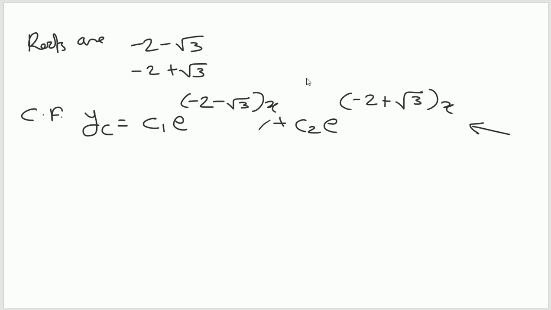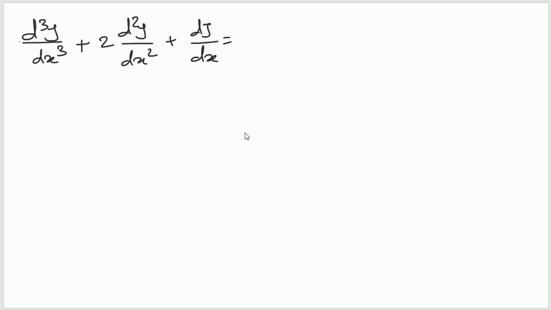Now let us take one more example. Let us consider this differential equation. Suppose we have the differential equation as d cube y upon dx cube plus 2 d2y upon dx square plus dy by dx equals to, let us take, sin x.